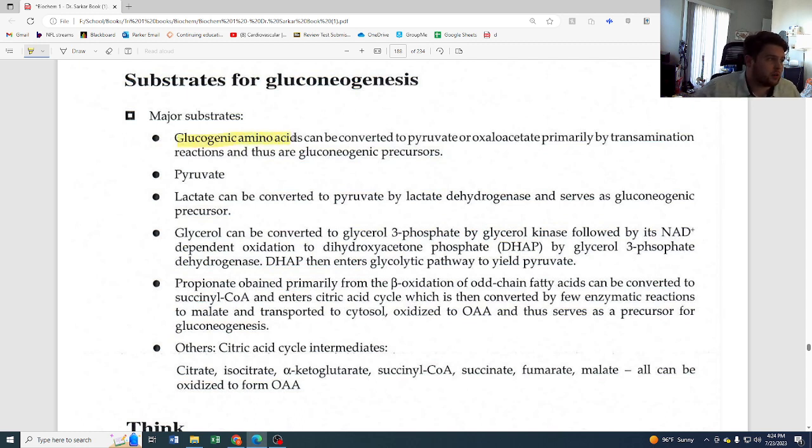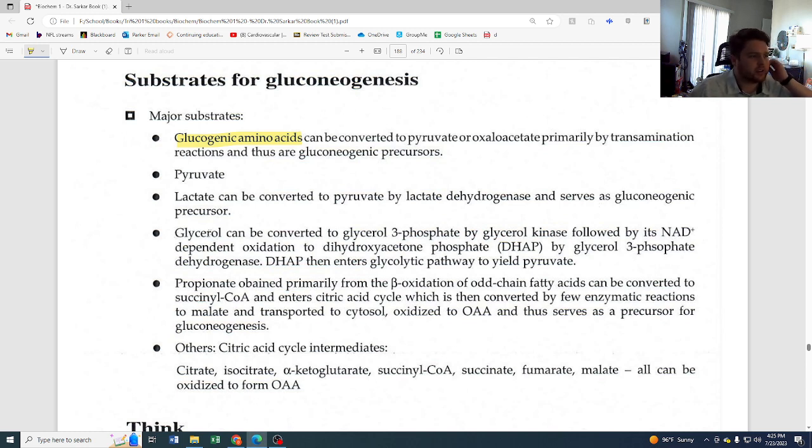So we have our original amino acids, and we saw that on that chart way back when we were talking about the Krebs cycle and looking at what oxaloacetate can go to and what malate can go to, if you remember that diagram. We also have pyruvate, obviously, because pyruvate goes right into the Krebs cycle. Lactate can be converted to pyruvate by lactate dehydrogenase and serves as a gluconeogenic precursor.